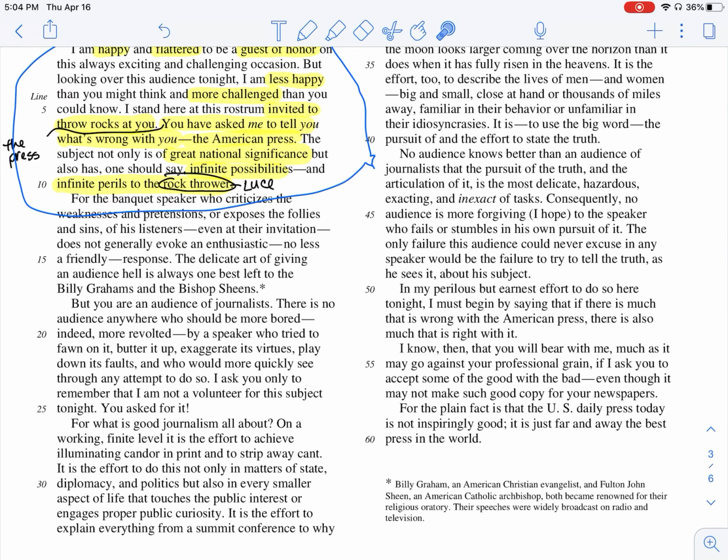So also for our sophistication, we want to think about what is the significance or relevance of the writer's rhetorical choice given the rhetorical situation, and or explain a purpose or function of the passage's complexities or tensions. The main tension here is that Claire Booth Luce is a peer of her audience, and she's been invited there to specifically criticize them for what they're doing wrong and for sacrificing their journalistic integrity.